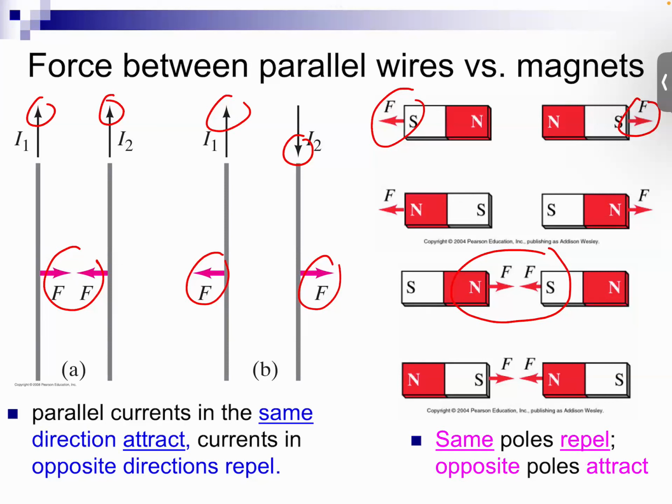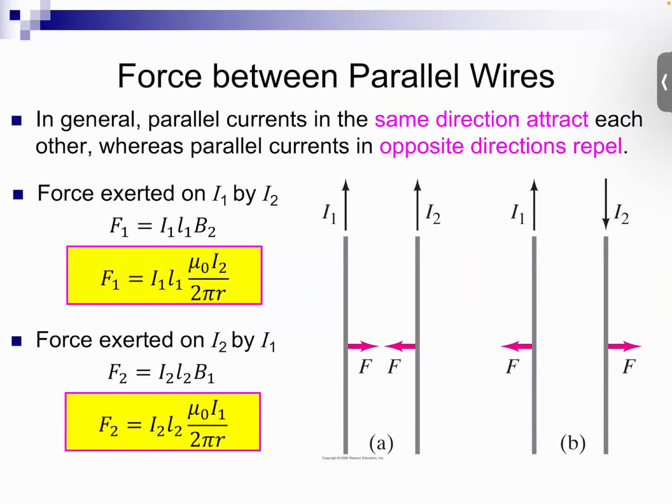All right, so for direction of the force, use these concepts here to find the direction of the force exerted by one wire on another. For the magnitude of the force, these equations will give you the magnitudes of the force felt by one wire because of the presence of another current-carrying wire.